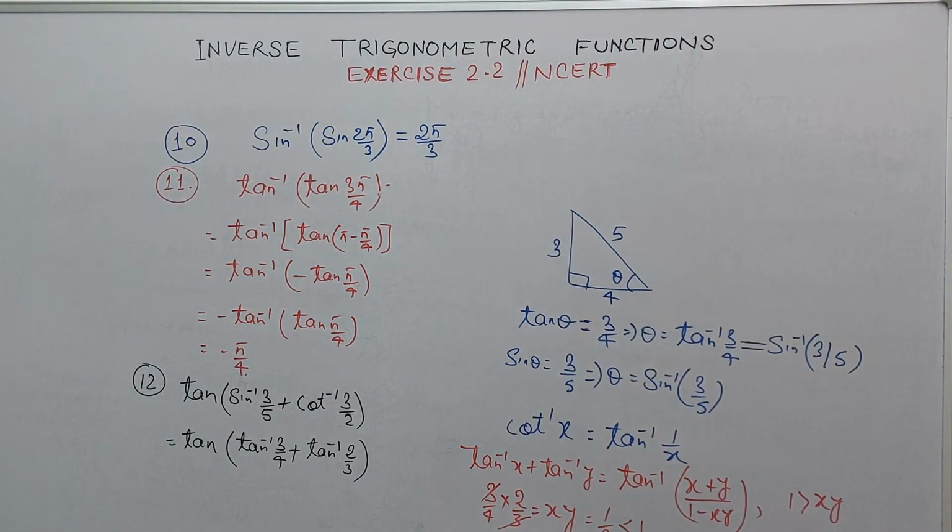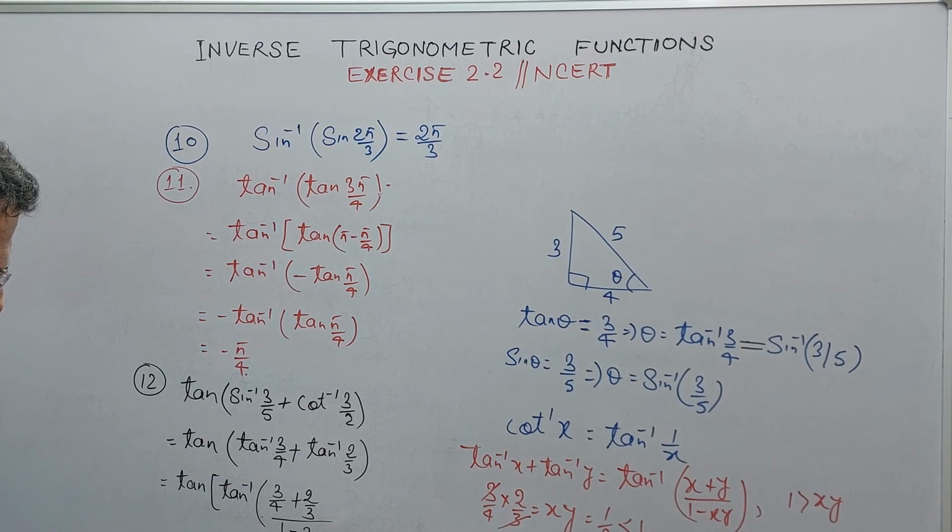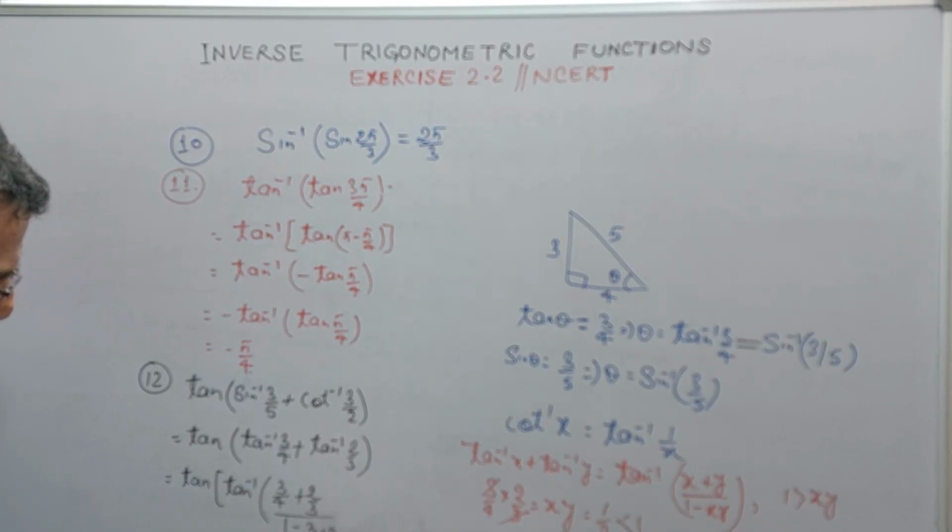Now finally the answer comes out. The answer will be tan of tan inverse of 3 by 4 plus 2 by 3 divided by 1 minus 3 upon 4 into 2 upon 3.